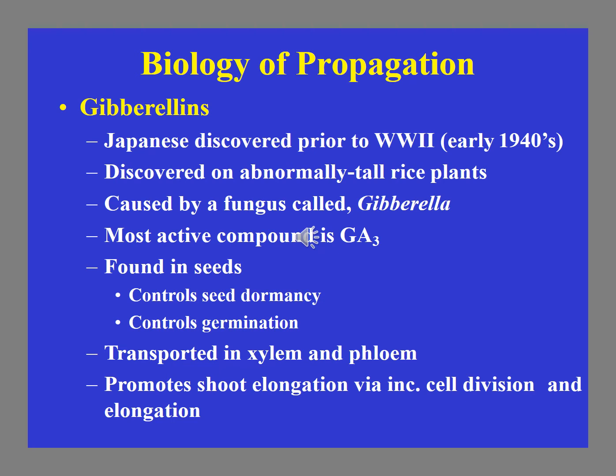It's transported in the xylem and the phloem. It's found in seeds and controls seed dormancy and controls germination as well. It just promotes shoot elongation, as you can imagine looking at these abnormally tall rice plants. So, cell division and elongation of those cells. That's what gibberellins are for.